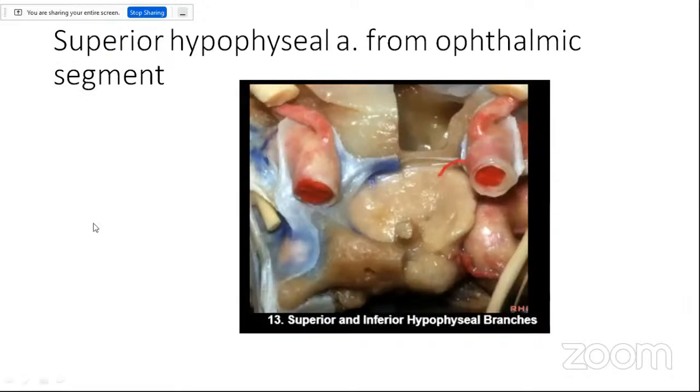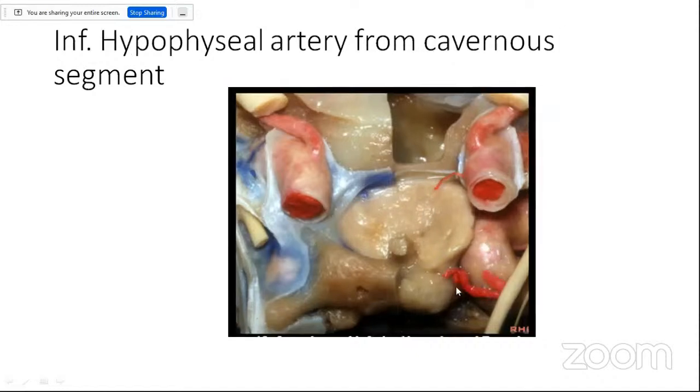Now, this is the branch that we were talking about. This is the ophthalmic artery, the ophthalmic segment. And this red colored structure is the superior hypophyseal artery, which is arising from the ophthalmic segment and supplying the superior aspect of the hypophysis or pituitary. Now, this red colored structure, which is arising from the inferior aspect of the pituitary and supplying the inferior aspect of the pituitary, is the inferior hypophyseal artery, and this arises from the cavernous segment of the ICA.